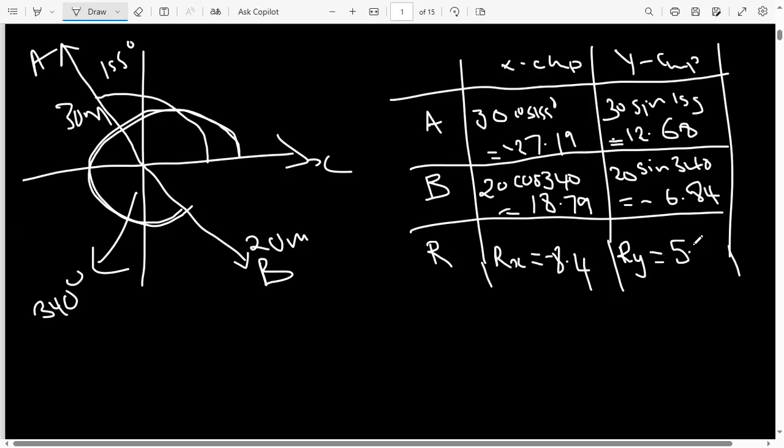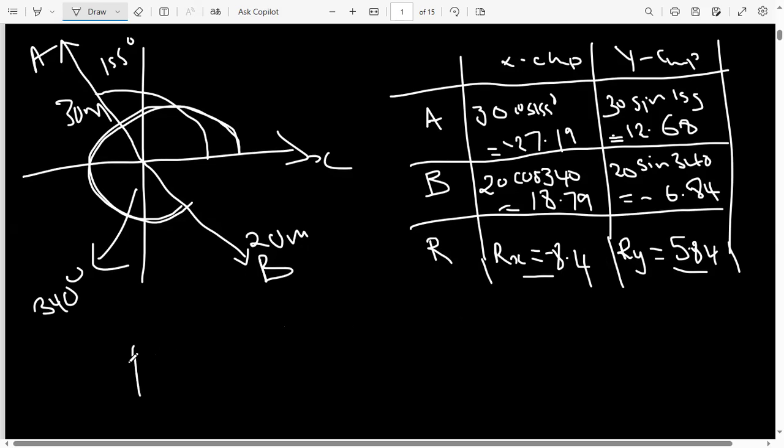Okay, so this here is for A plus B, because we are just adding A plus B here, guys. So it means our A plus B has the x component of minus 8.4, and then the y component of 5.84.